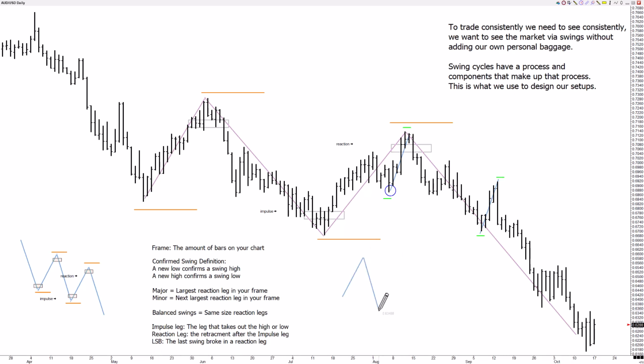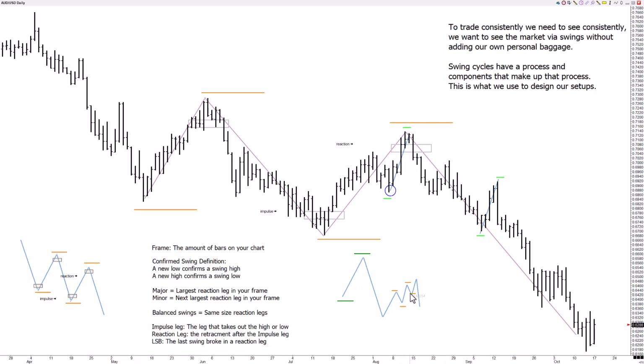And basically what we're going to look for is in the major reaction leg, okay, there will be swings. And the LSB is what's called the last swing broke. So notice we have some upswings in a major downtrend.